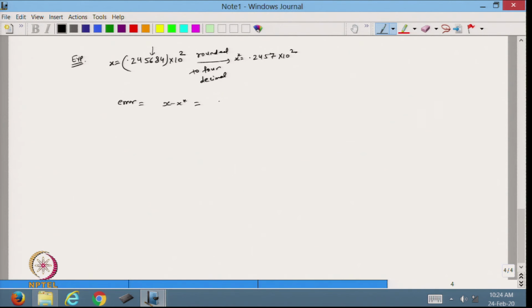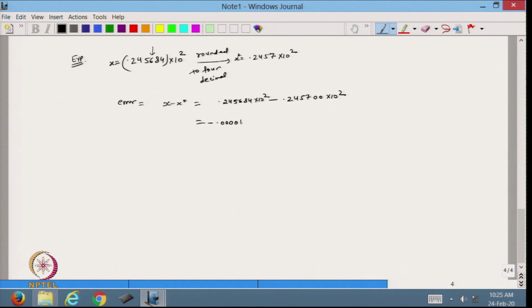So, my x is 0.245684 into 10 raised to power 2 minus 0.24570 into 10 raised to power 2. This rounded number becomes bigger than the previous number, so I put a negative sign here.